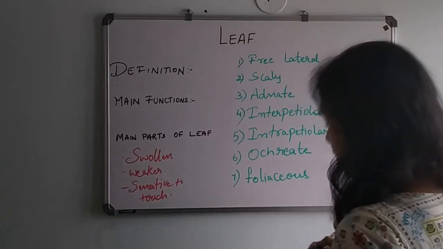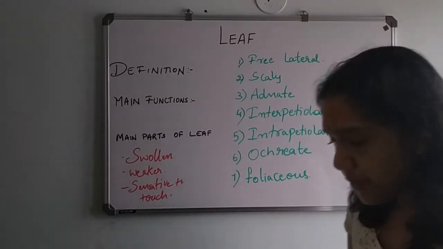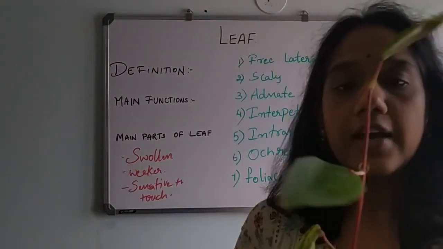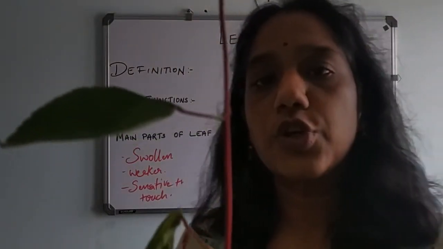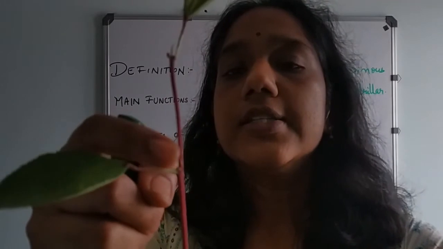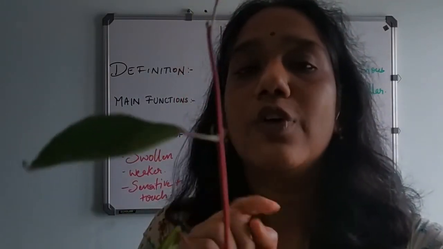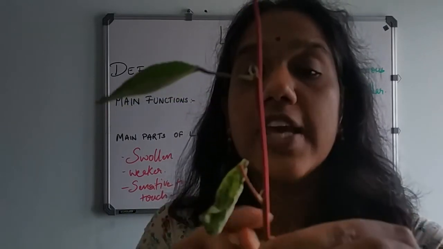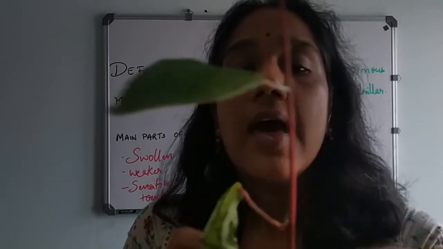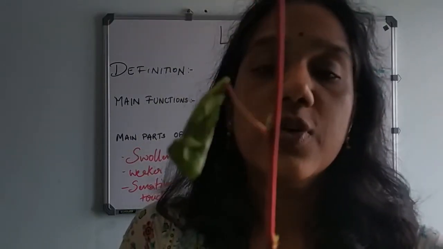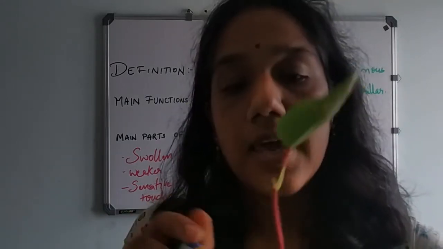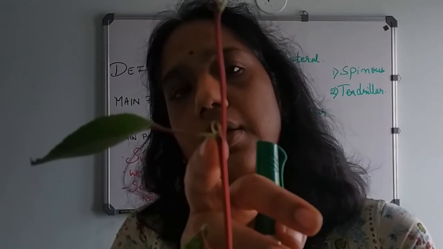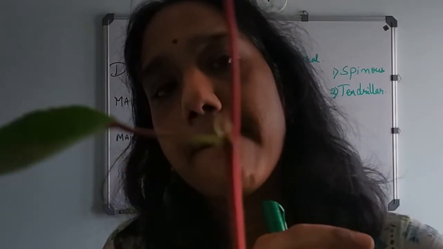The hibiscus cannabis which I showed to you right now is a very good example for free lateral. There are two appendages present on either side of the leaf base, and you can see them very conspicuously here.